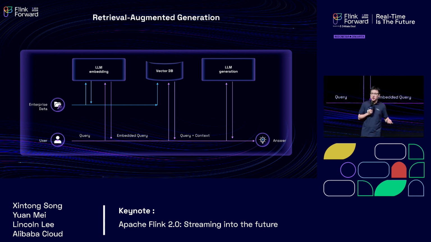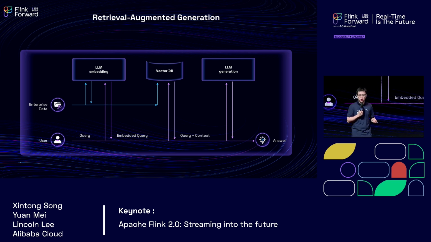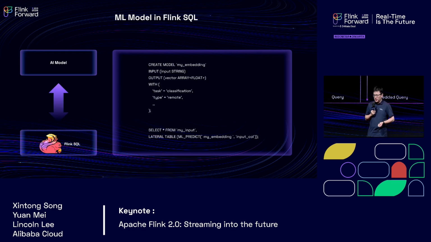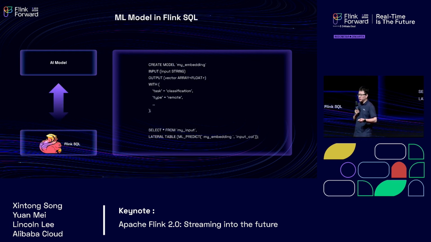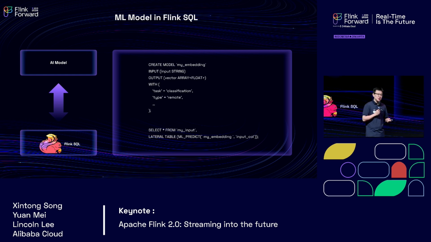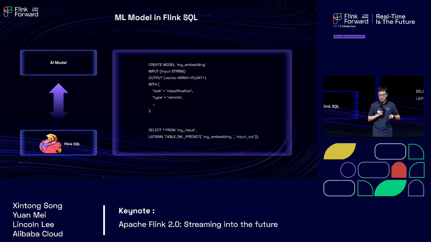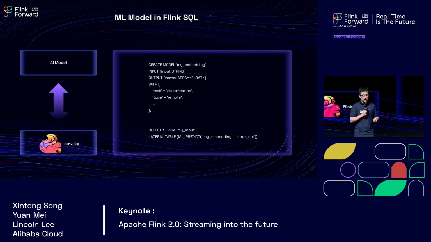And we observed that in this architecture, there's a critical path. That is the invocation of the large language model for both embedding and content generation. And in order to speed up this critical path, the Flink community has introduced the ML model invocation support in Flink SQL.